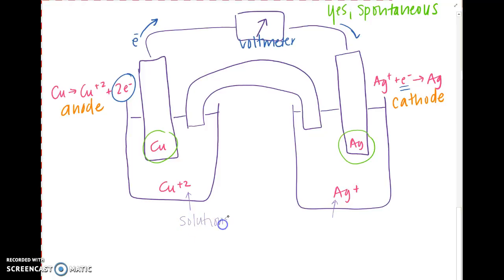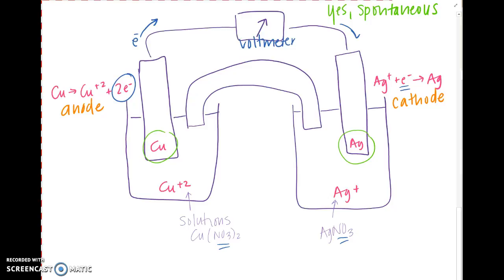So it would be something like copper 2 and silver nitrate, but those are soluble, so we know they're going to separate into their ions, and that's why we write their ions. If you think about when you did your lab, the nitrate ion would have been the spectator ion that doesn't show up for us in the half reactions.